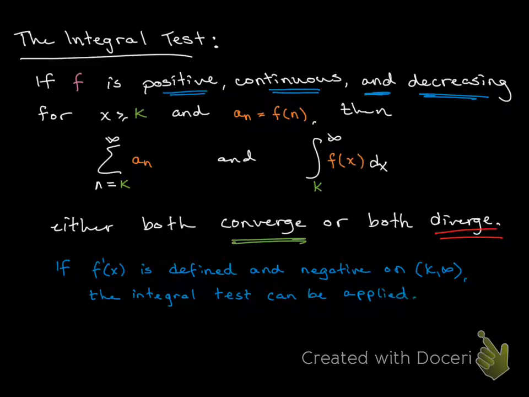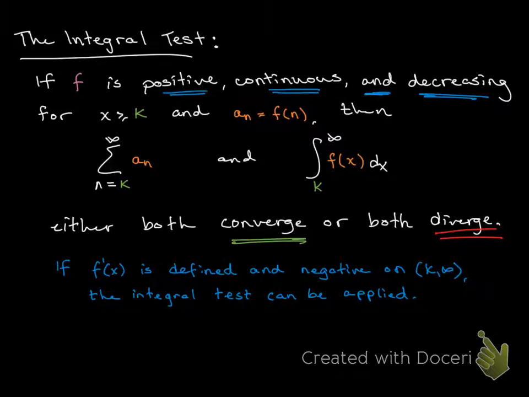Okay, so that is enough for us to apply the integral test, right? We're able to show very quickly that the function is positive and continuous. If the derivative exists on the interval from k to infinity, then the function has to be continuous there. So having the derivative defined and negative is enough.